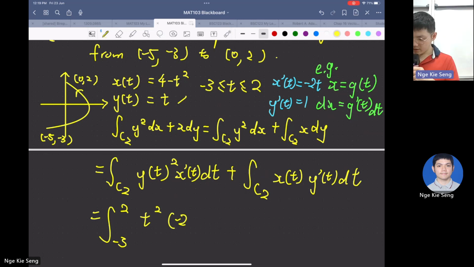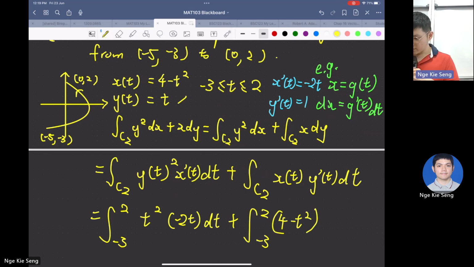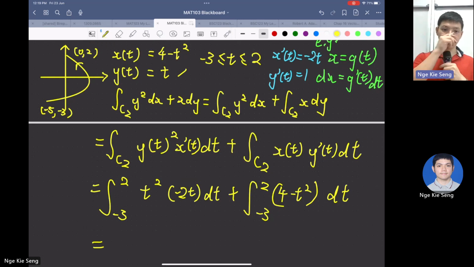So we get the integral of t squared times -2t dt, plus the integral from -3 to 2 of x of t, which is 4 minus t squared, times y prime t, which is 1.